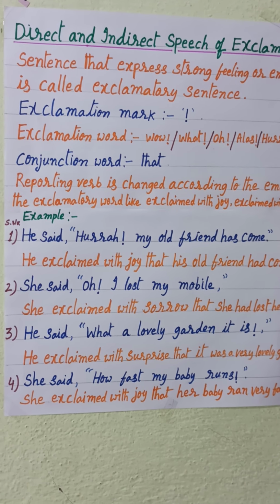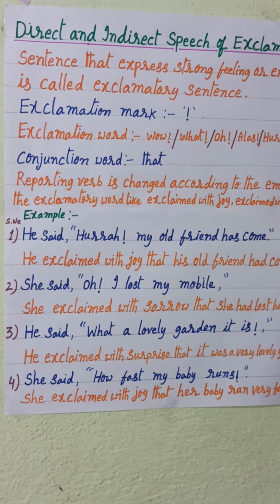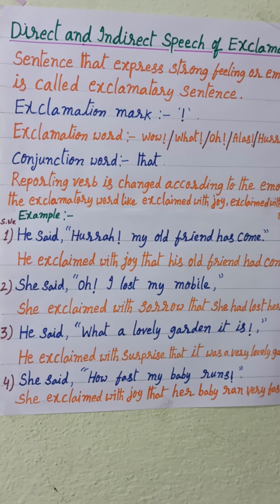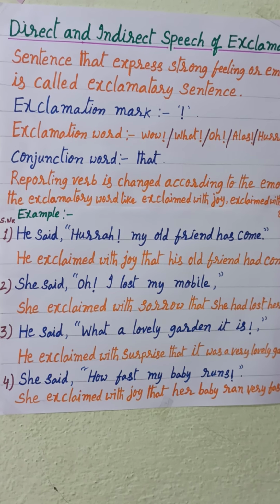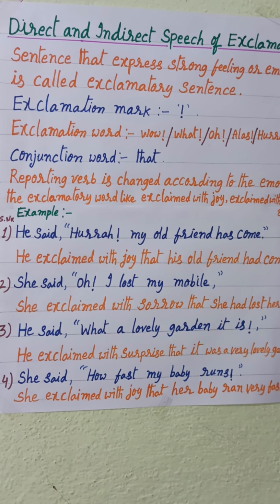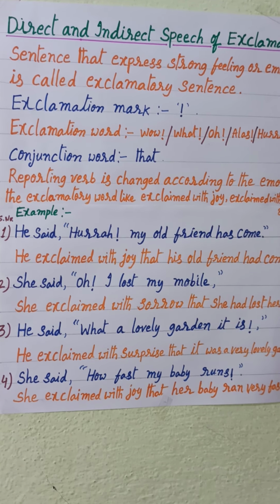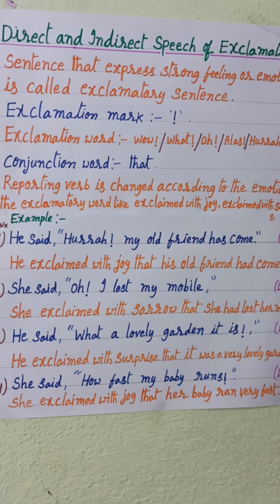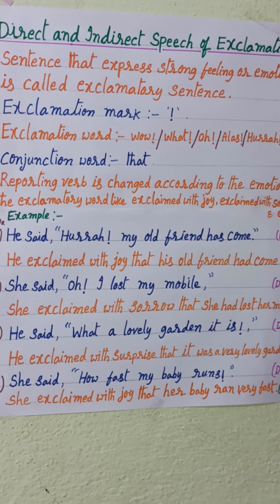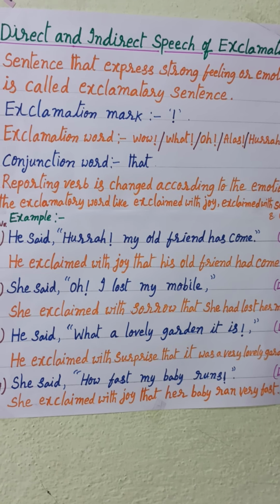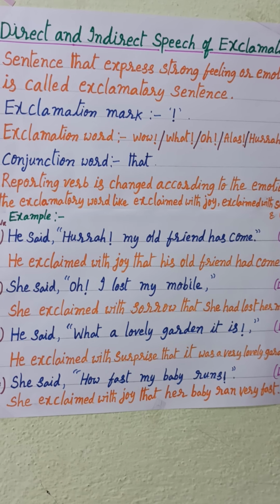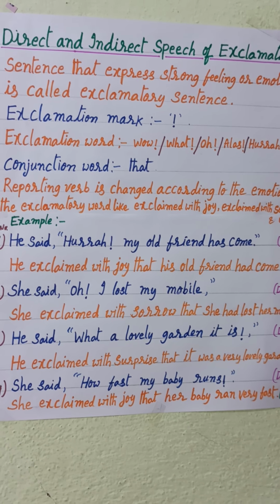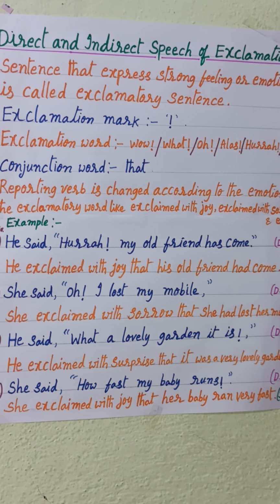Here we need not write how, because it is included in the exclaimed. Fast my baby runs is simple present, so it changes to simple past in the indirect speech.